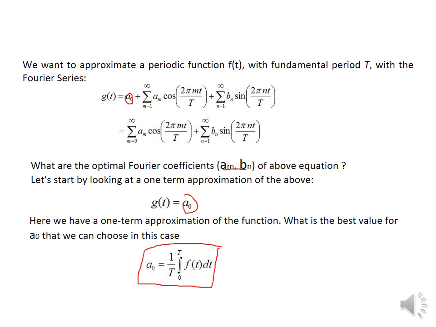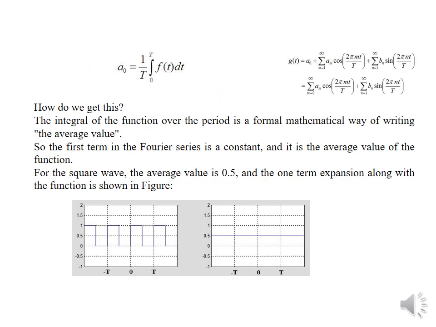The proof of this you can find on Google in mathematics, but I'm going to explain the interpretation of this equation. This equation is actually an average. So this is an average value.